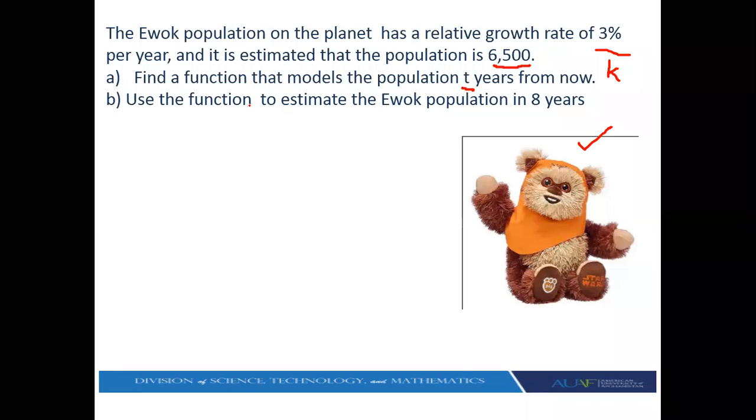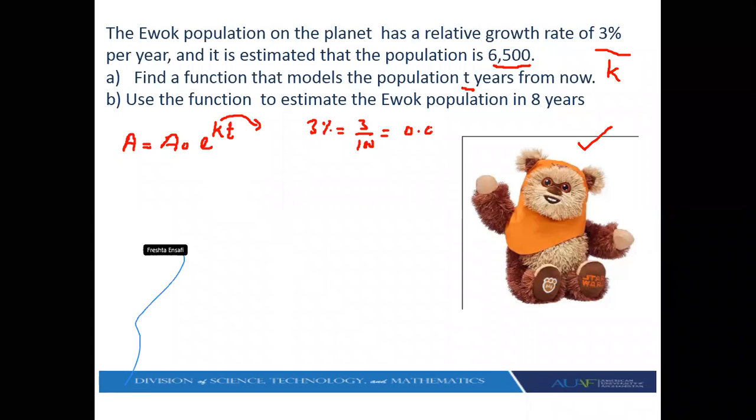Okay, the k value is given. Also, the original value is given. We have the model A is equal to A naught e power kt. T is time, and k in this case is the growth rate. We have 3%. 3% means 3 divided by 100, or you can write 0.03.